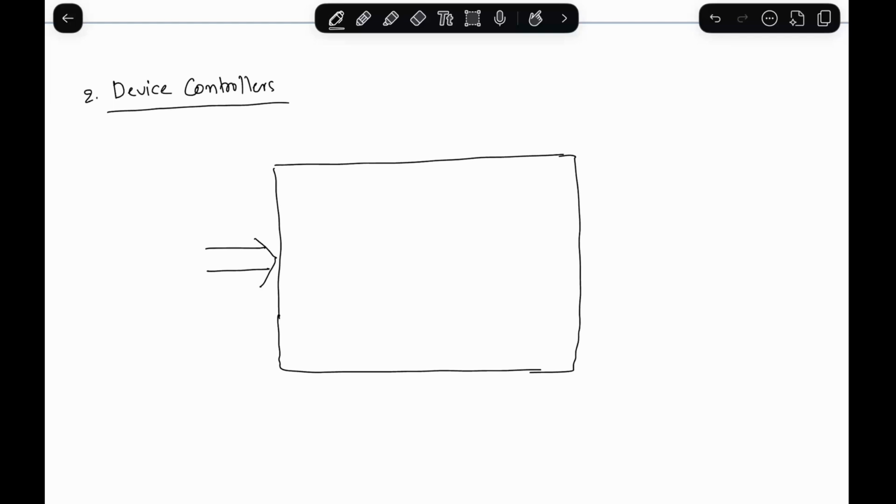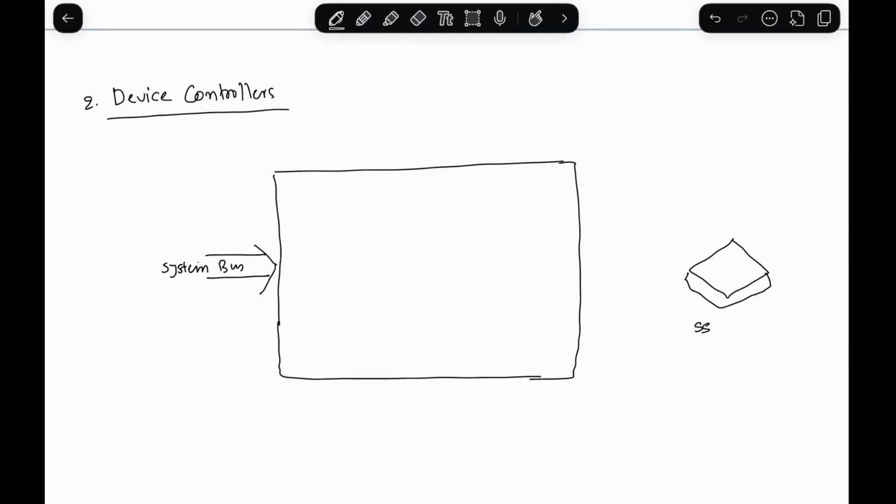We'll assume this as our system bus, which we already studied. And we'll assume this as our SSD or flash.